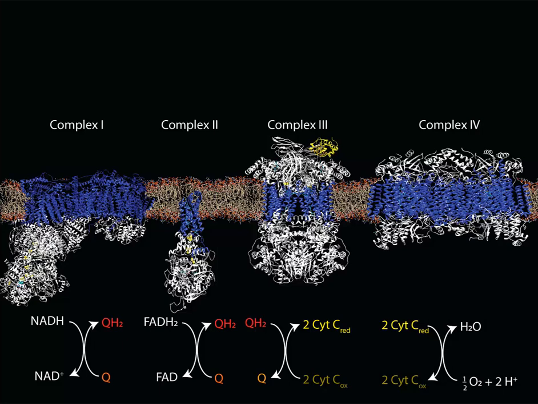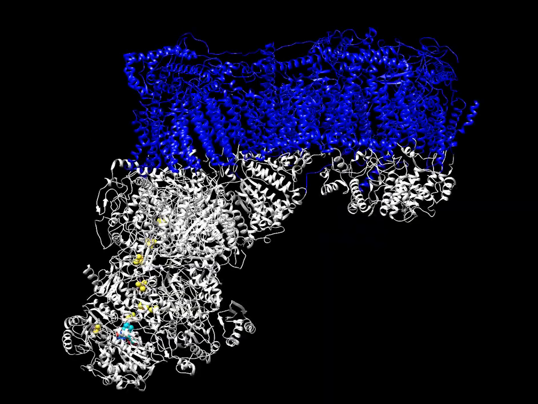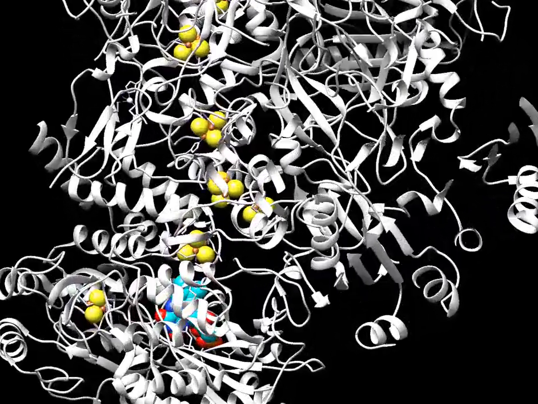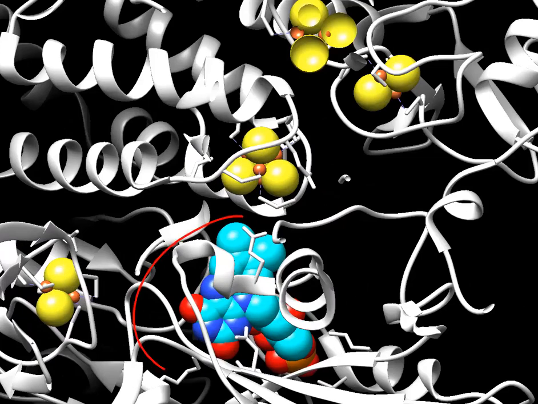So in this 4-enzyme process, what we've been able to do is to pass the electrons from either NADH or FADH2 all the way down to oxygen in a very controlled manner. And the way that this works is by passing electrons through very specific and finely tuned electron carriers. In complex 1, this happens first by NADH passing electrons to the first cofactor, FMN, which stands for flavin mononucleotide.